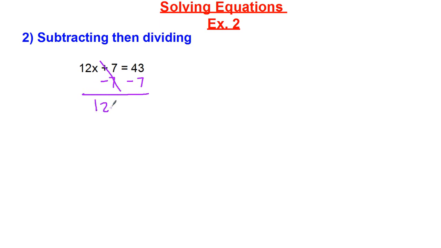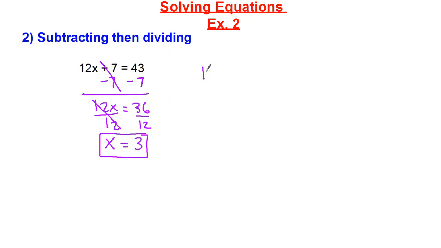So I have 12x is going to be equal to 43 minus 7 is going to be equal to 36. So then I divide by 12 and then I divide by 12. So in this case, x is equal to 36 divided by 12 is 3. Okay, so then I subtracted and then I divided here in this situation.